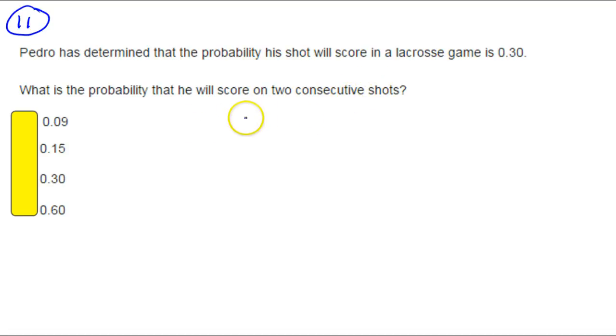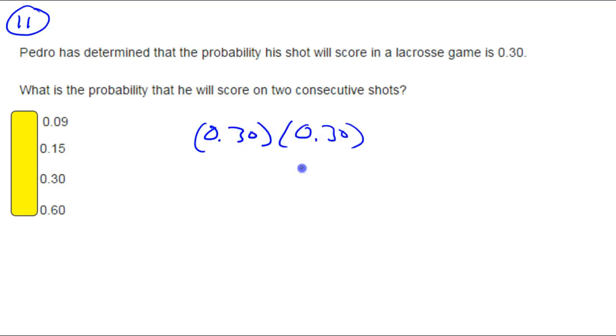Him scoring on one shot will not affect his score on another shot. So the probability of 2 events happening that are completely independent is just the product of those 2 events. So it should just be 0.30 times 0.30.